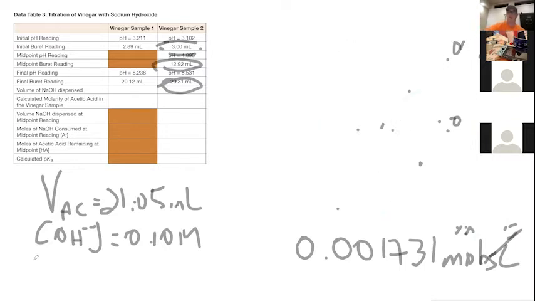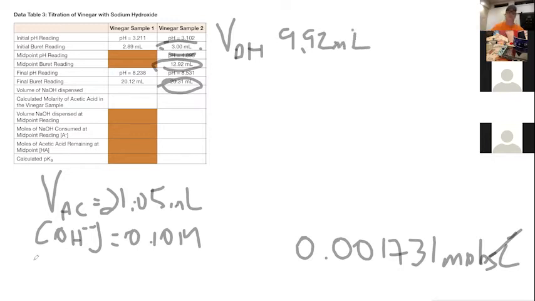Now, I need to figure out how many moles of acetic acid I have at the midpoint. So remember, at the midpoint, the volume of hydroxide was 9.92 mils, which is 0.00992 liters.